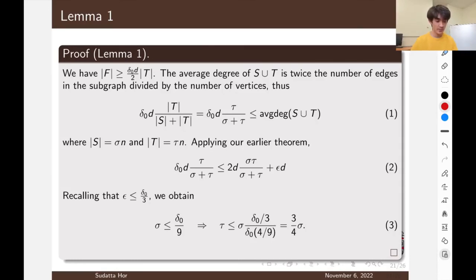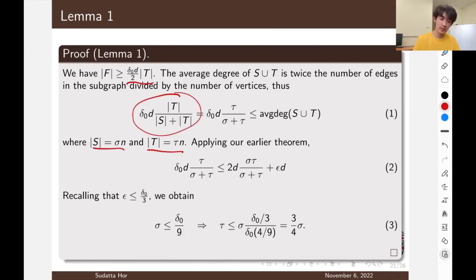Okay, so the proof of this is we start out. We're given that the size of F is lower bounded by this quantity here, and then we think about the average degree in S union T. This is twice the number of edges in the subgraph divided by the number of vertices.